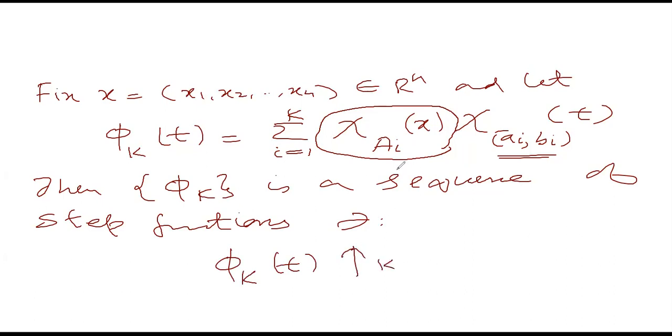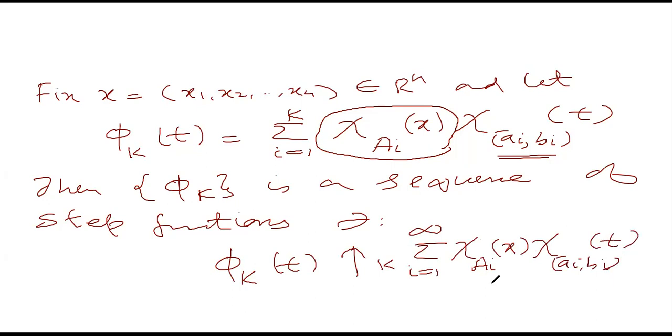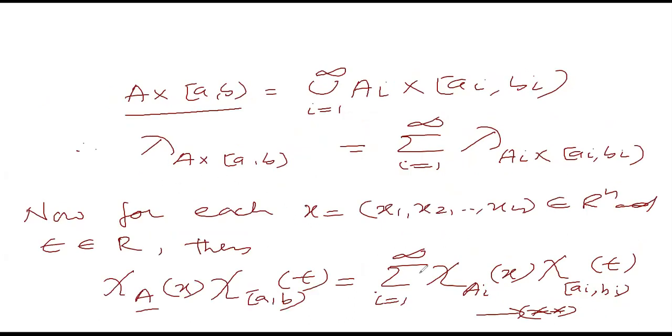And this limit, if I take the limit with respect to k, k approaching infinity, what's this? This is summation i runs from 1 to infinity of chi Ai(x) into the characteristic function of (ai, bi) of t, and that summation is equal to chi A(x) into chi (a, b)(t).